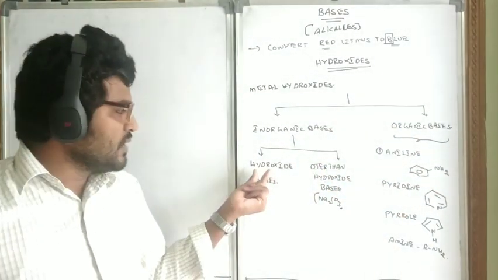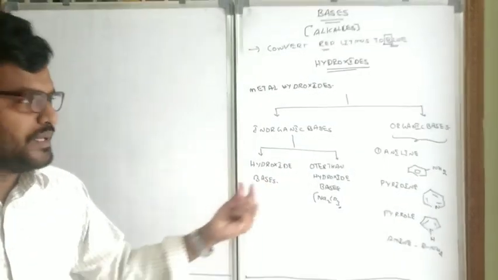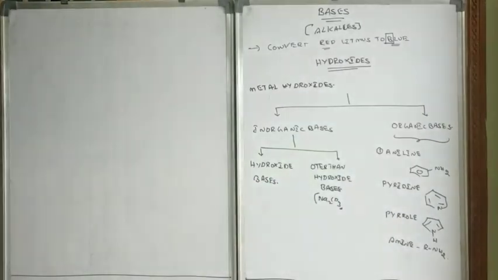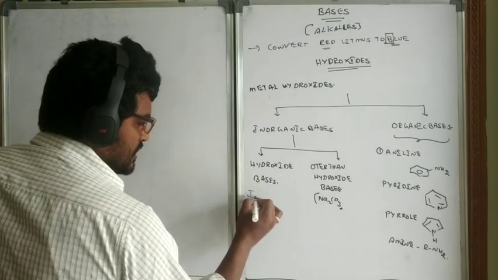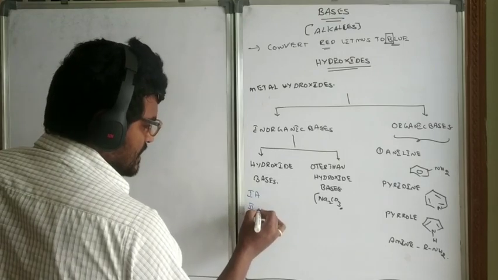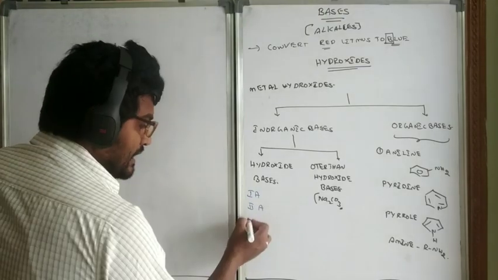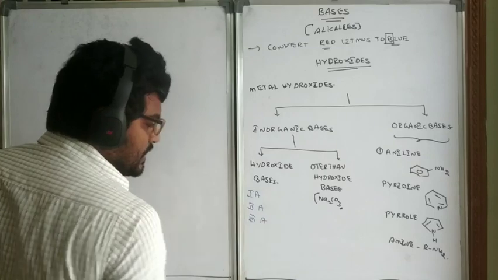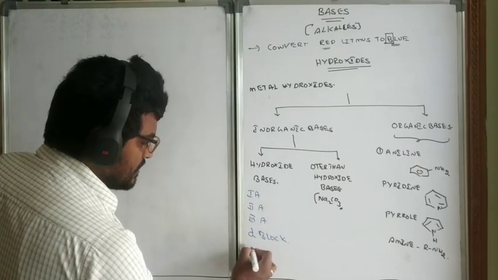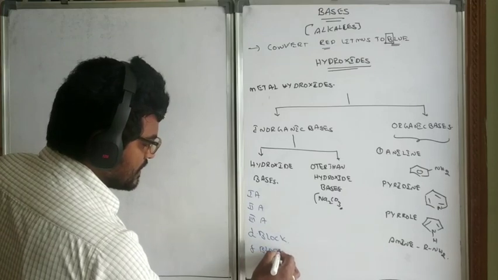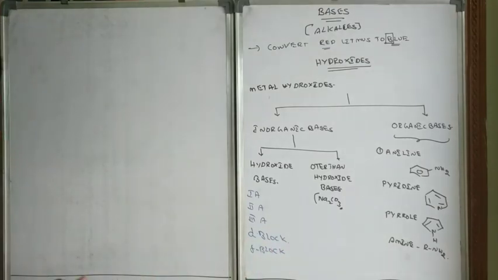Now let us discuss about these hydroxide bases. In these hydroxide bases, mostly we are having the first A group element hydroxides, second A group element hydroxides, third A group element hydroxides, D block element hydroxides, and then F block element hydroxides.